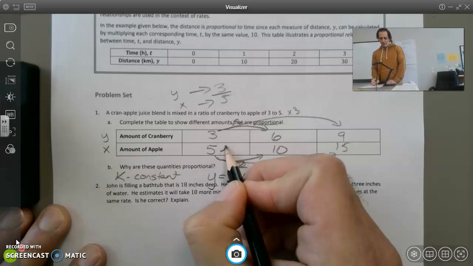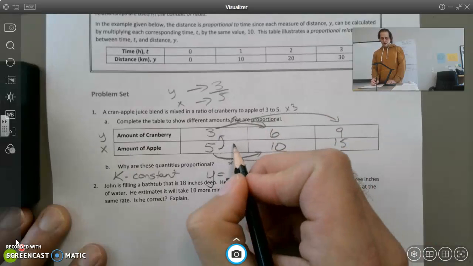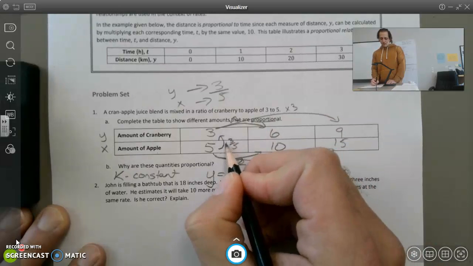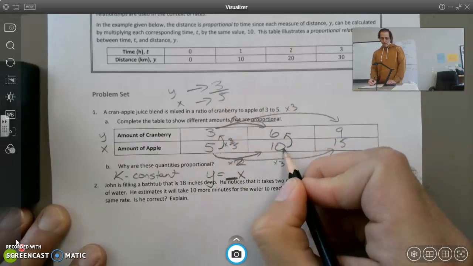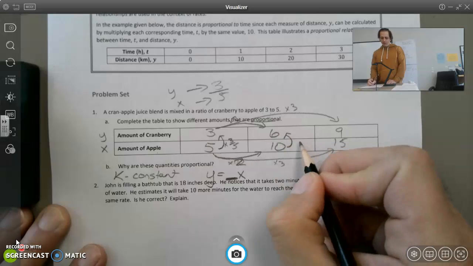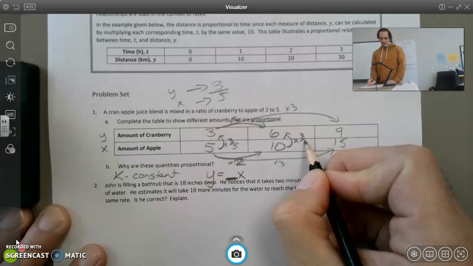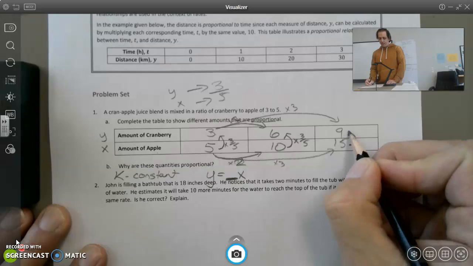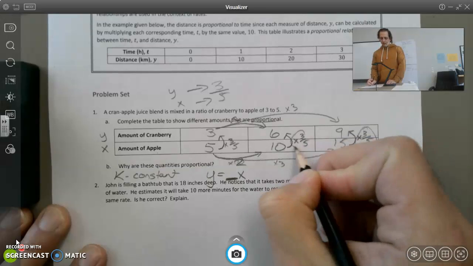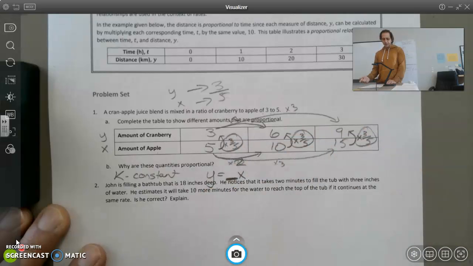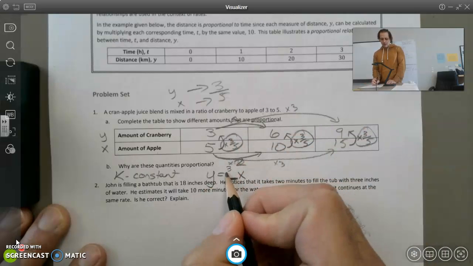X is 5, I need to multiply that by 3/5 to get 3. This is 10, I need to multiply that by 3/5 to get 6. 15, I need to multiply that by 3/5 to get 9. So I can see that my K value, my constant, is that I'm multiplying by 3/5.